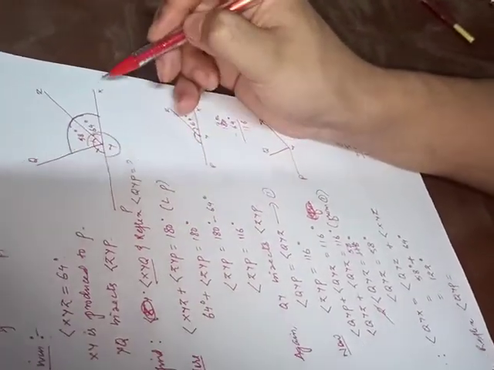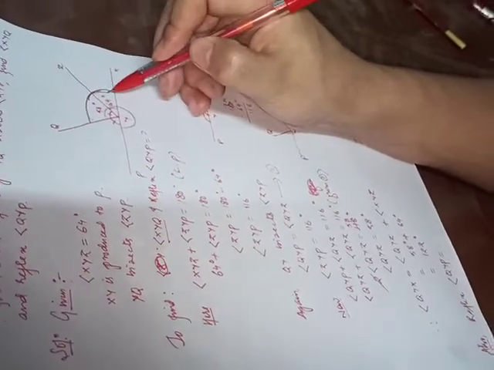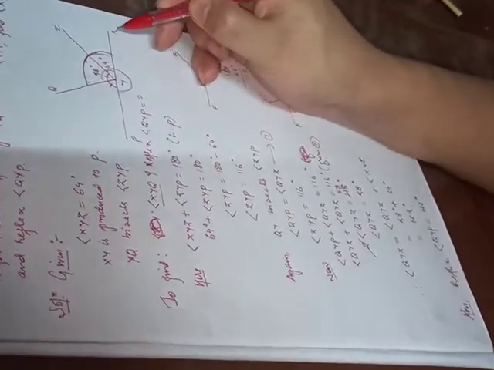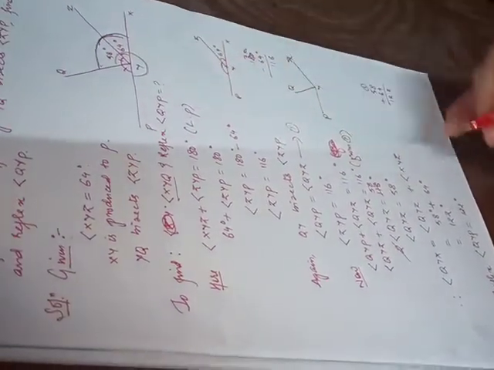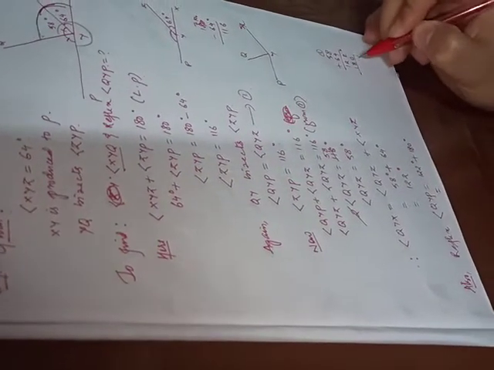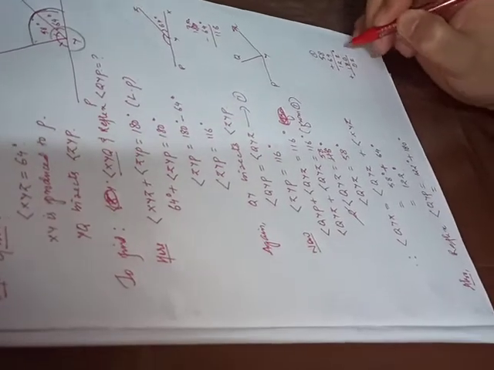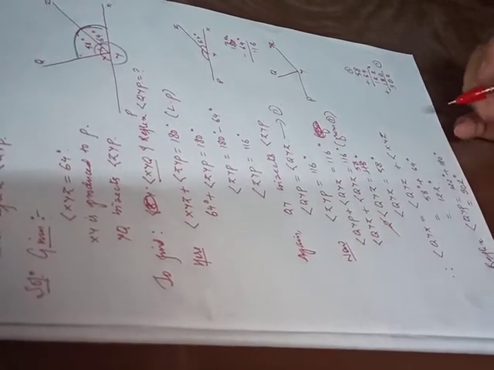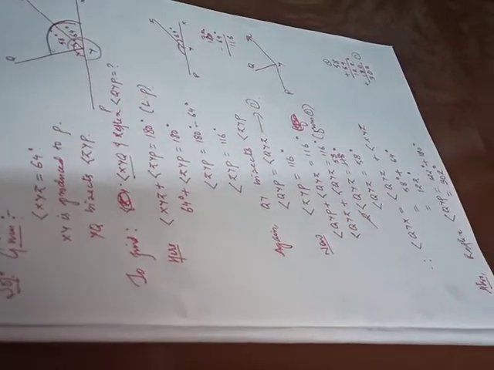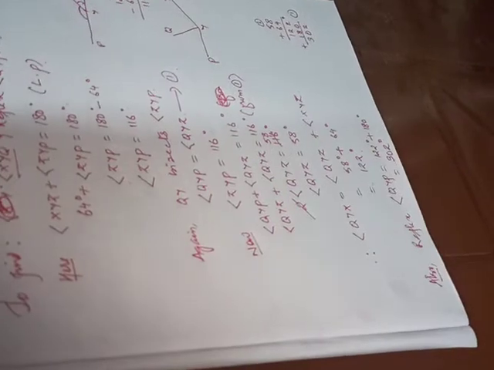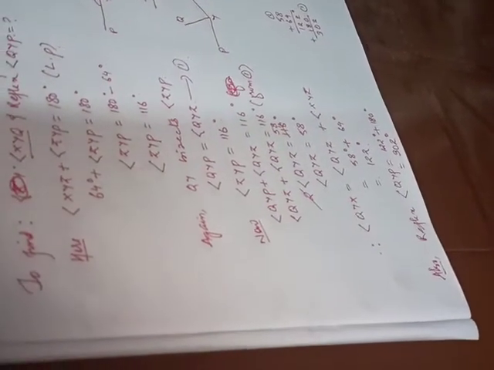From angle QYX, this angle combined together is 122 degrees, and on the down part, angle PYX, below, this is a straight line, so it will be 180 degrees. So 122 degrees plus 180 degrees gives us 302 degrees. The reflex angle is more than 180 but less than 360 degrees. I hope this is clear.